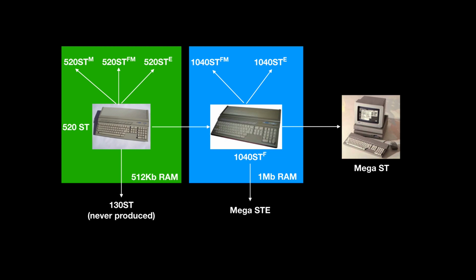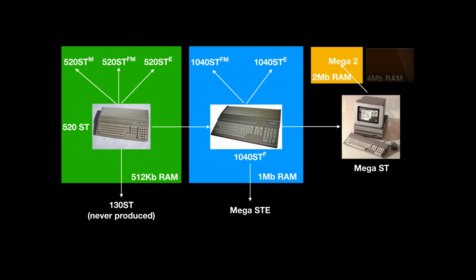Then we have the Mega ST, which itself had two versions: the 2 megabyte RAM version called the Mega 2, and the 4 megabyte RAM version, obviously as you expected, called the Mega 4. The timeline kind of here follows slightly left to right.